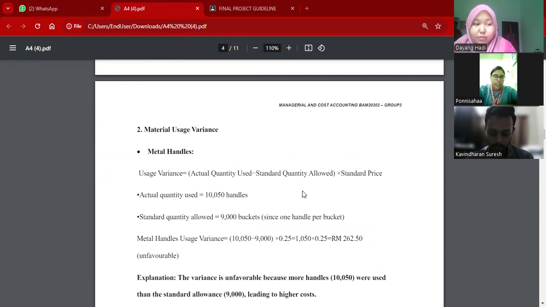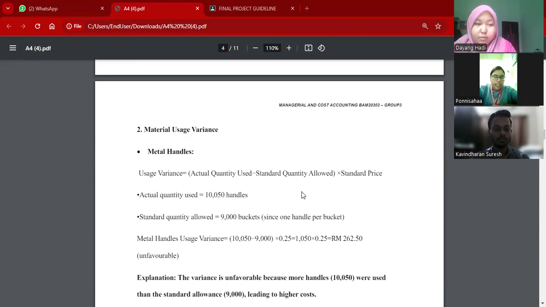The first one is metal. The formula for usage variance is the actual quantity used minus the standard quantity allowance, times the standard price. The actual quantity used is 10,050 handles and the standard quantity allowance is 9,000 buckets, since one handle per bucket.